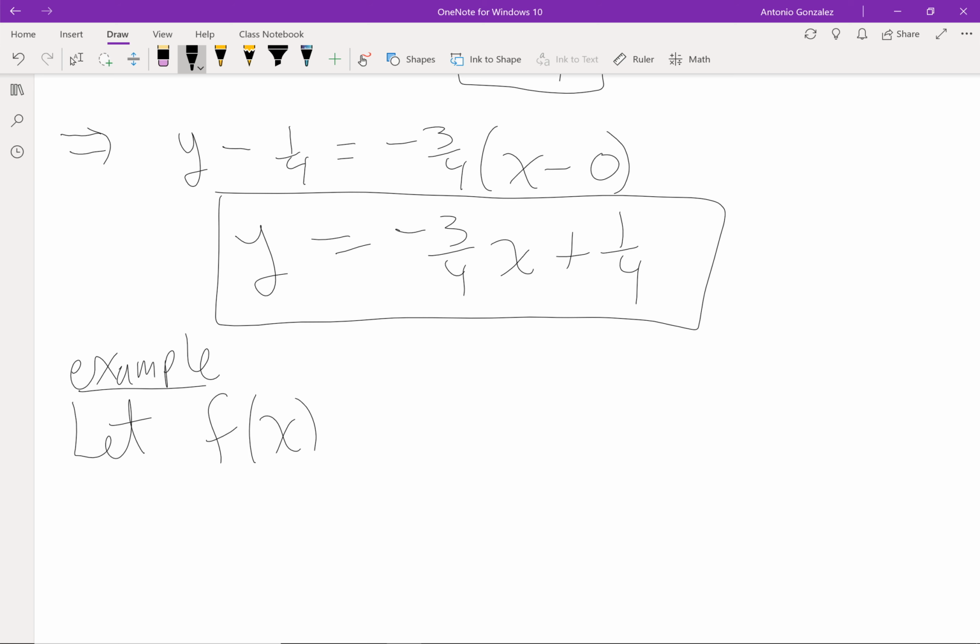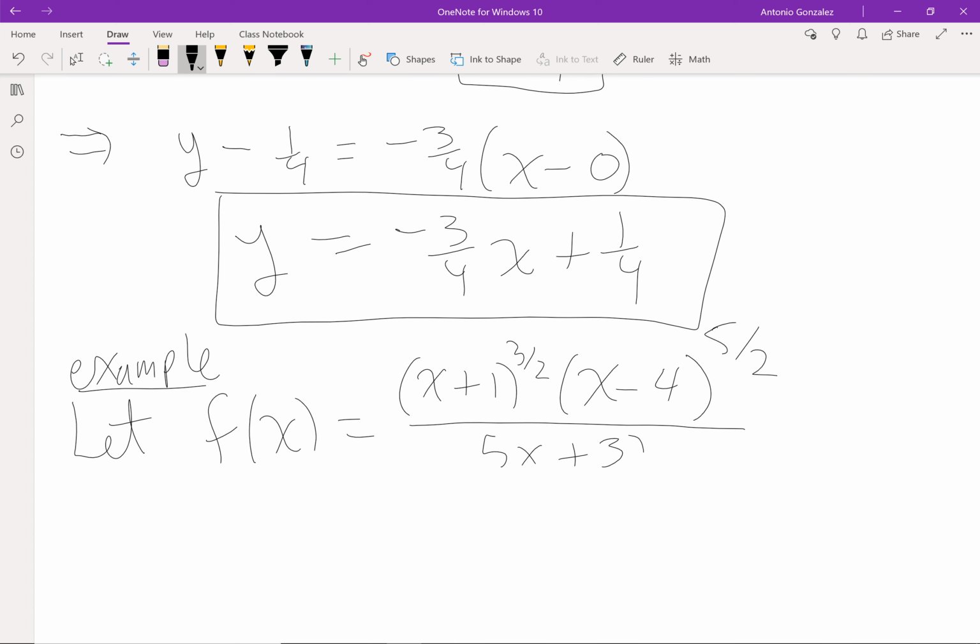Let f of x equal to (x plus 1) to the 3/2 times (x minus 4) to the 5/2, and here we have (5x plus 3) to the 2/3.